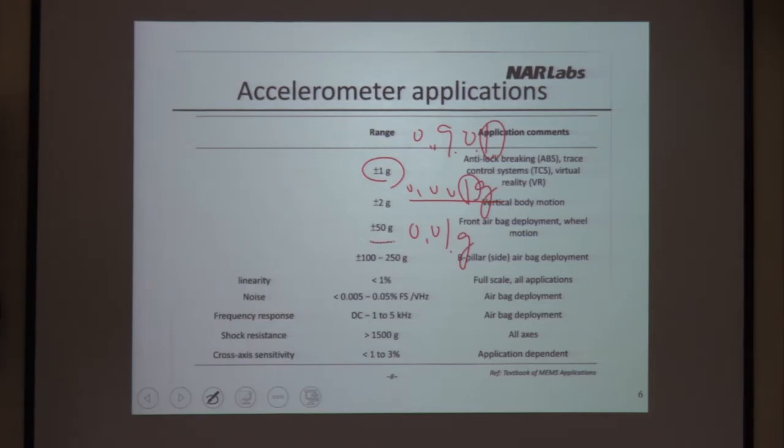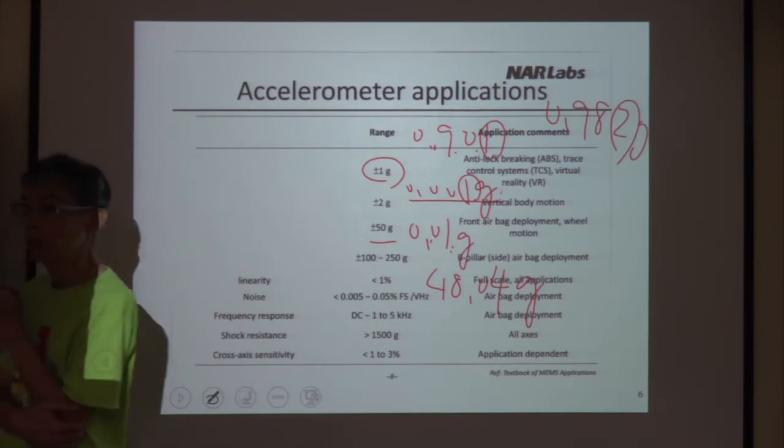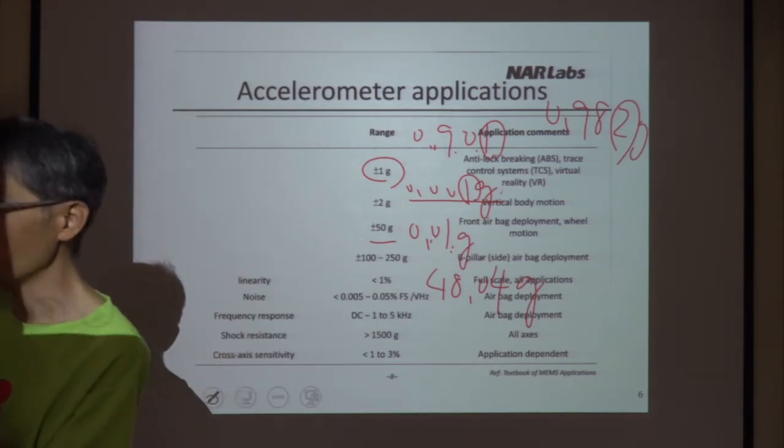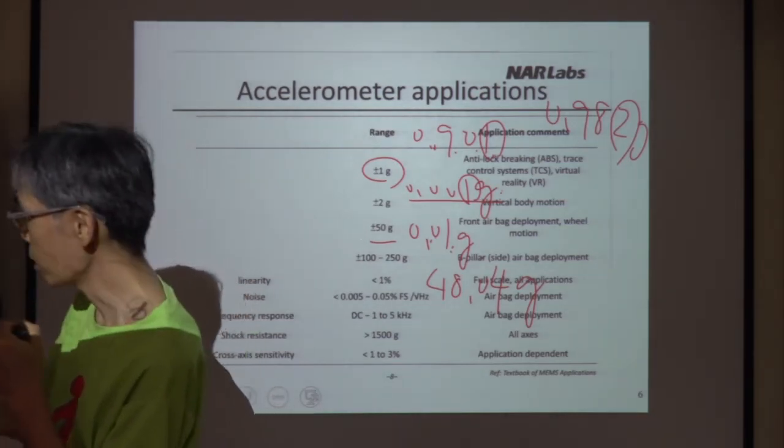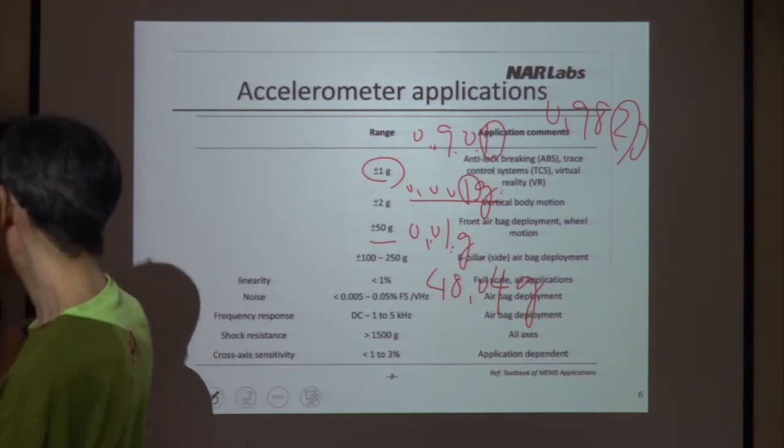But for this device, you can only read to the second digit, so you can only measure 48.04 G. But for this device, you can get 0.982 G. So this is resolution. Okay. Do you understand? Yes. Next page.